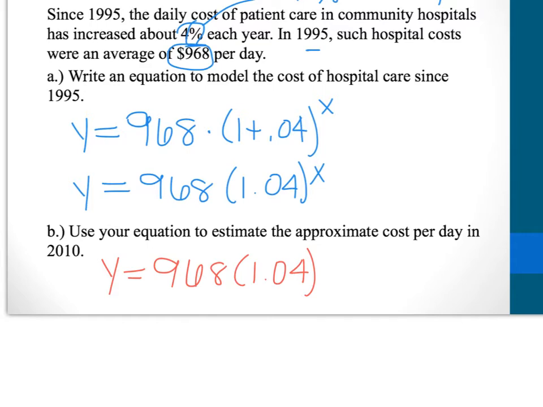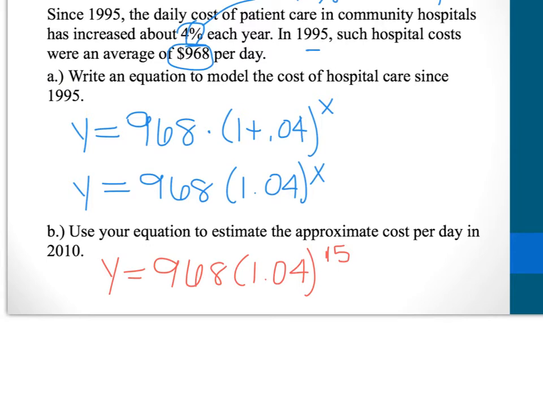We want to know how much we're going to pay in the year 2010, but we are basing our numbers off the year 1995. So 1995 is when our time is equal to 0. So 2010 is going to be 15 years after 1995. So I am going to plug in a 15 for the x value.